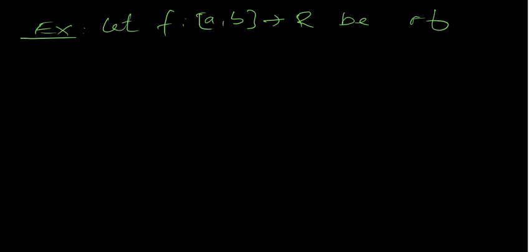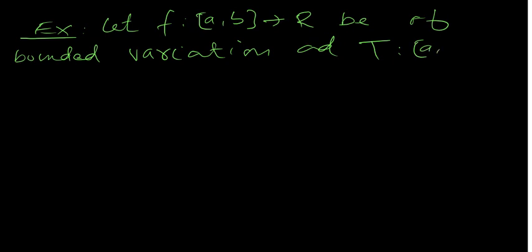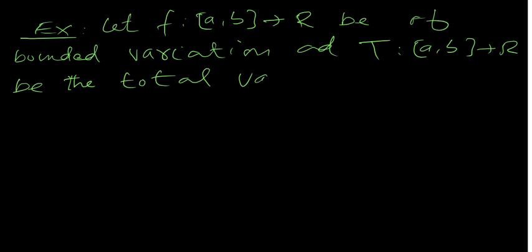Okay, let f from a b to R be a function of bounded variation, and t from a b to R be the total variation function that we already defined.